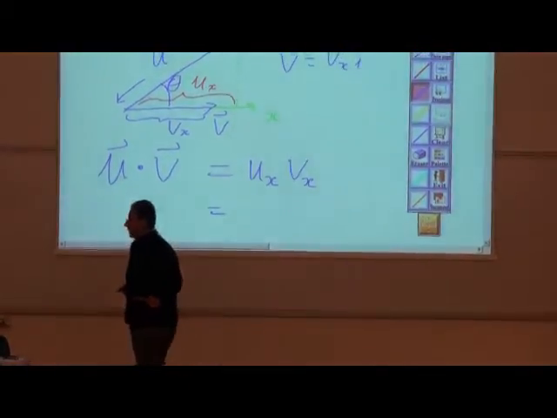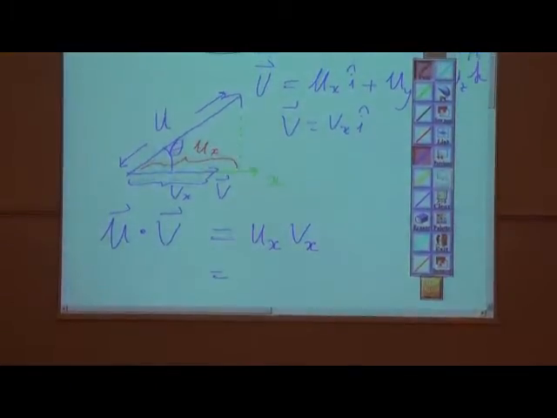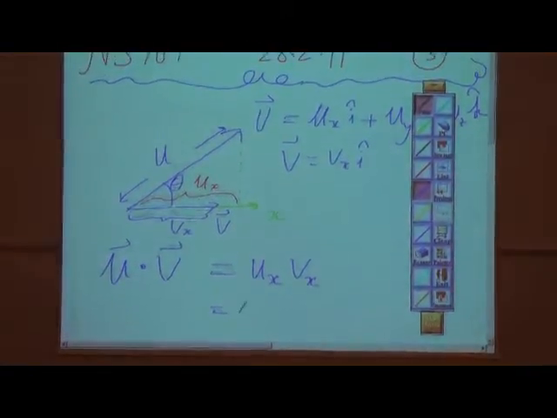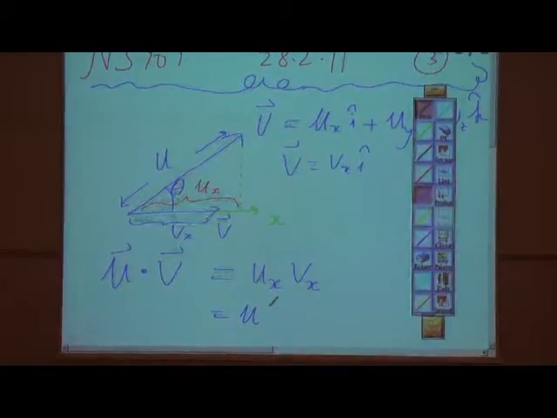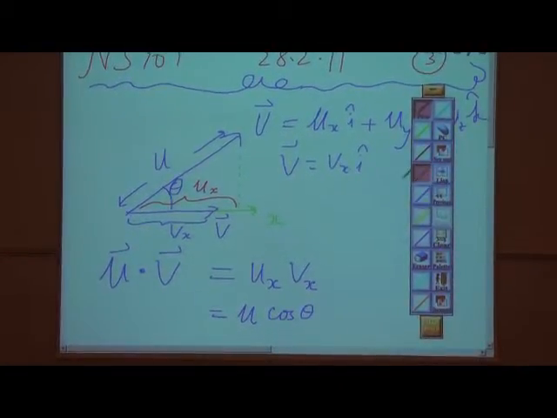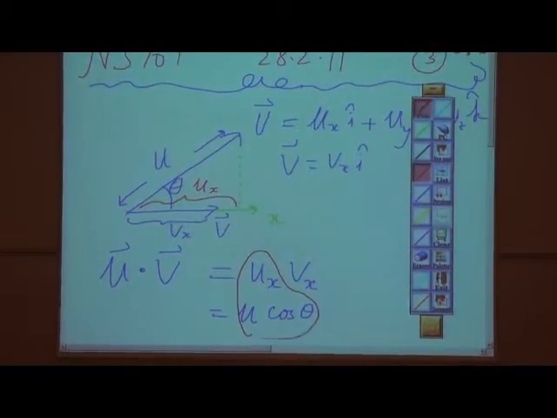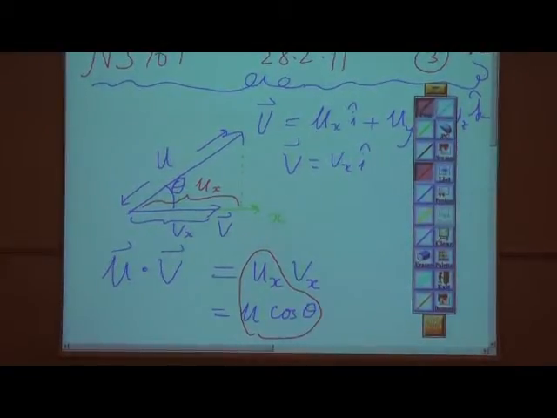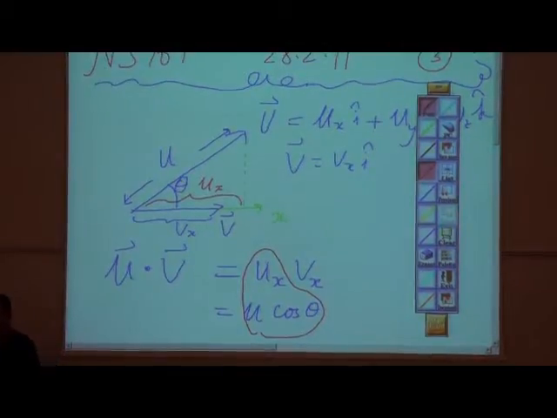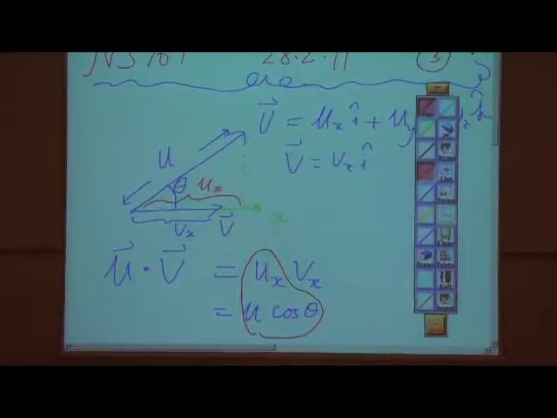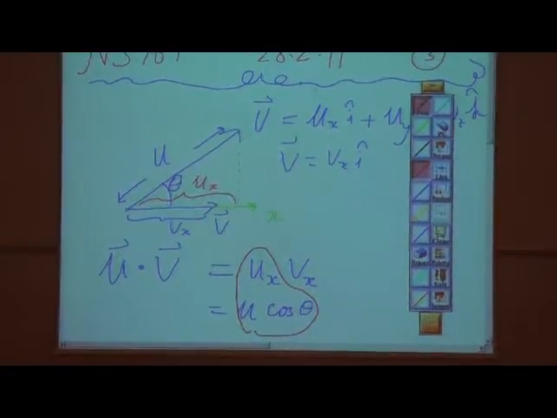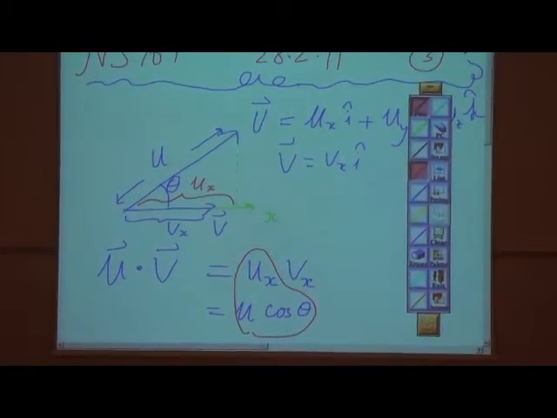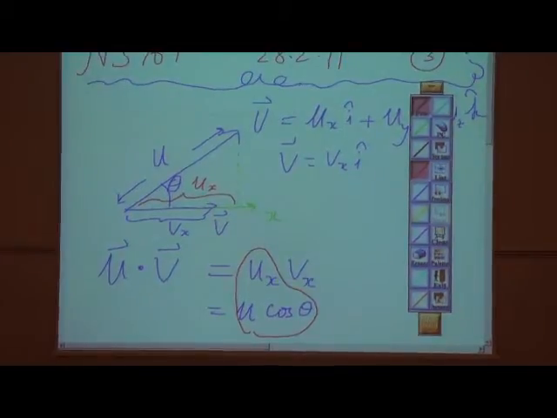Now, my picture shows that ux is nothing but u, the total length of this vector, times cosine theta. Okay? And what is vx? vx is just the x component, but because v lies along the x-axis, vx is the full length of v.